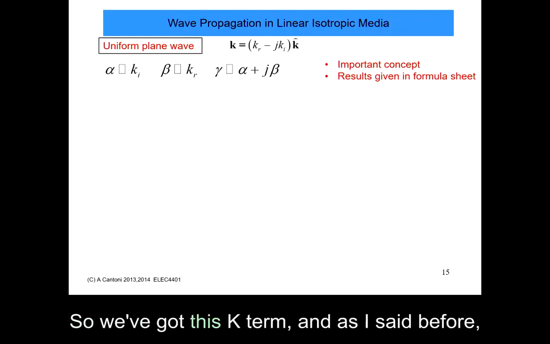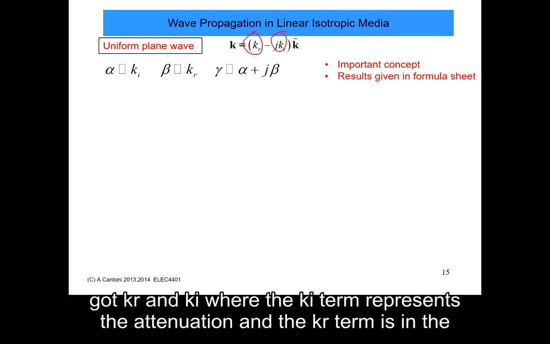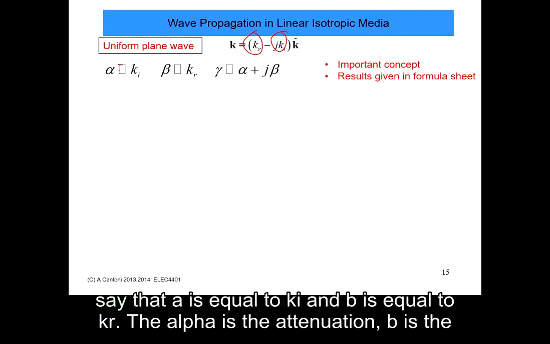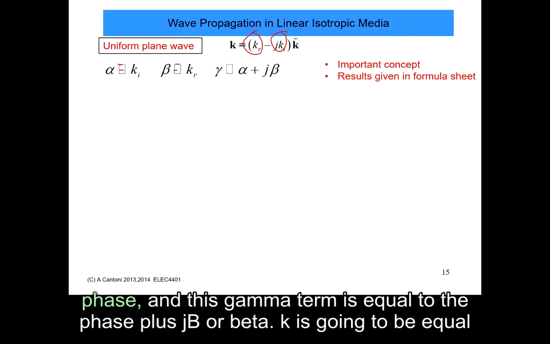So we've got this K term, and as I said before, we've got Kr and Ki, where the Ki term represents the attenuation, and the Kr term is in the direction of propagation and is related to the phase. So we can rewrite these terms and say that alpha is equal to Ki and beta is equal to Kr, where alpha is the attenuation, beta is the phase, and this gamma term is equal to alpha plus j beta.